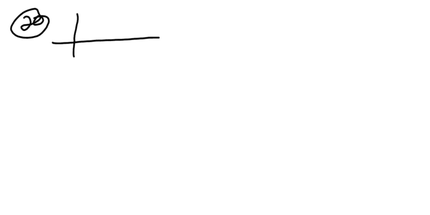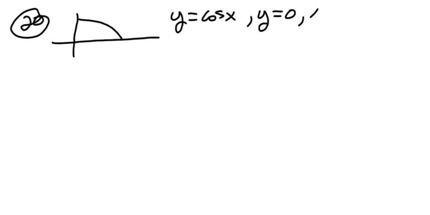Let's go ahead and try number 20. In this one, we want to find the volume. It's going to roughly look like this, where y equals cosine x, and we're going to be between y equals 0 and x equals 0, it should be. Let me double check that on our problem.